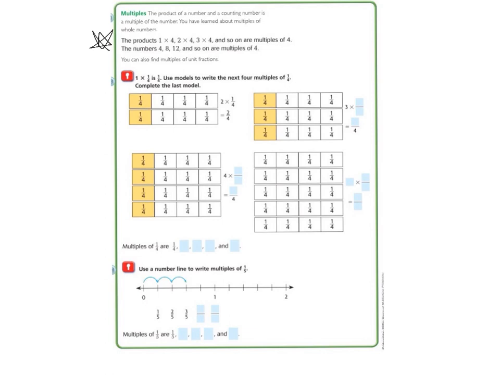We can do the same thing with a fraction. 1 times 1/4 is a model to show the multiples of 1/4. So in our first example, we have 2 times 1/4. So here's 1/4, and here is 1/4. Each one of them is 1 of the 4 parts of the models that they have.